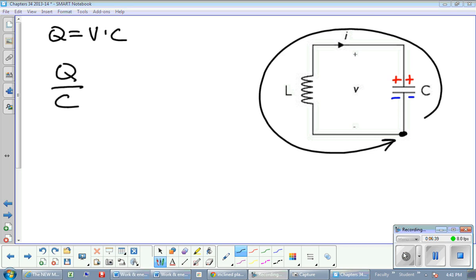Well, for this we're going to use basically the definition of inductance, and that is any inductor. You can describe the EMF across it. This is the induced EMF that it makes, which is also measured as a potential difference when you put a voltmeter across it, as minus L di dt.